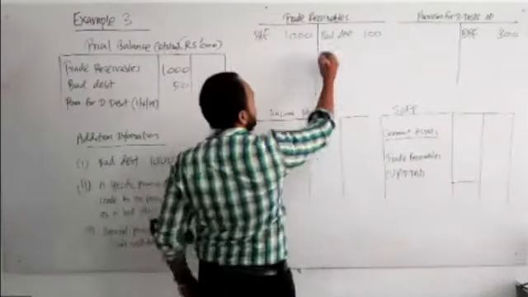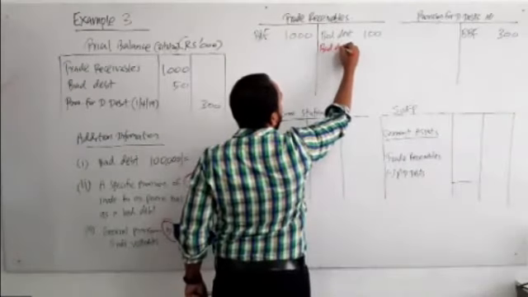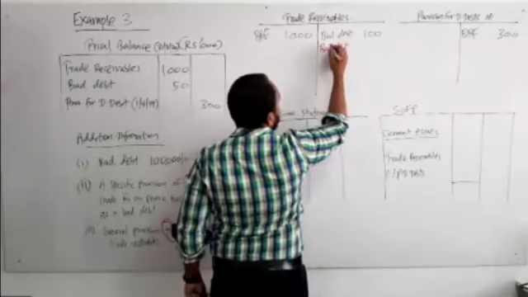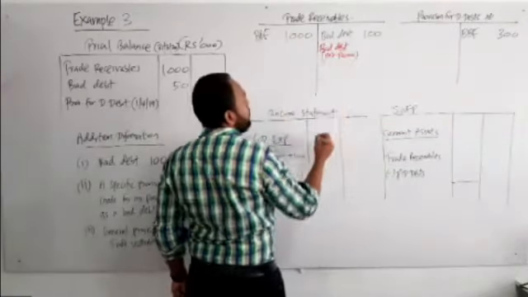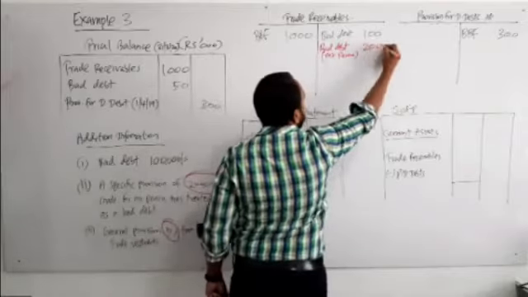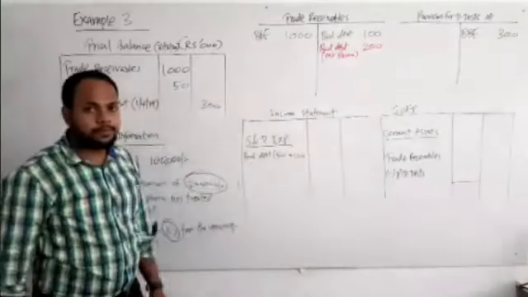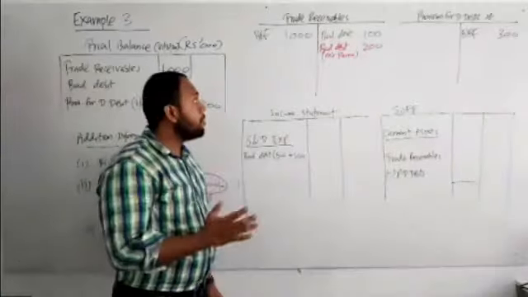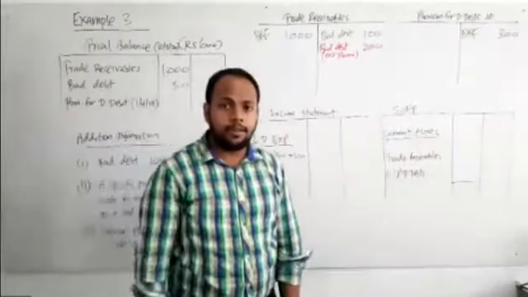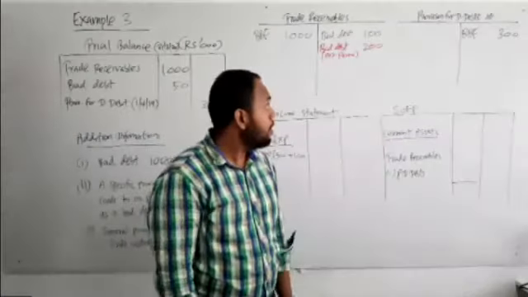So we credit the trade receivable account, bad debt Mr. Pereira, which is 200,000. We are removing Mr. Pereira from our debtor balance.